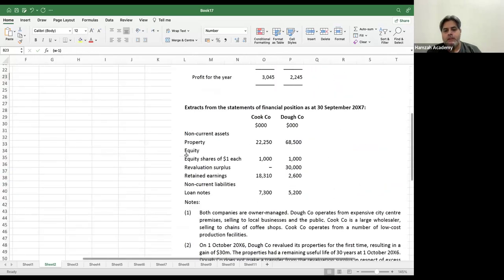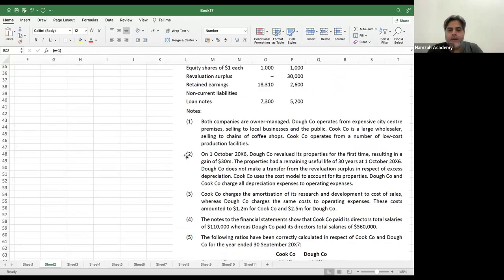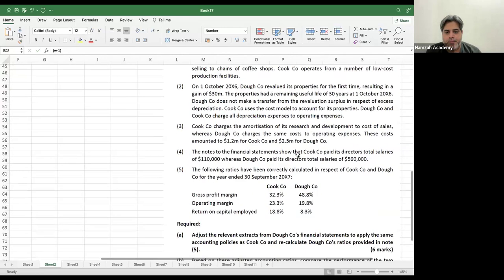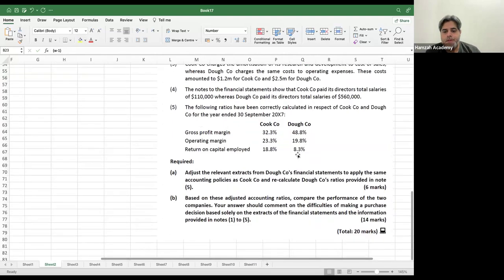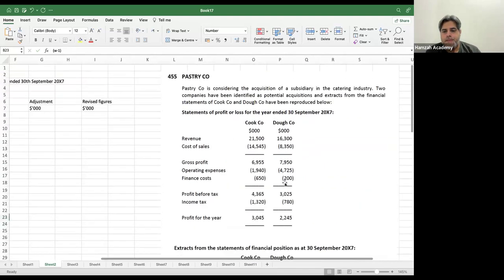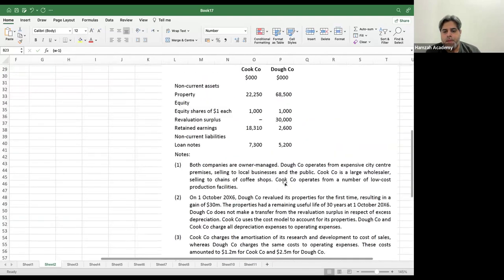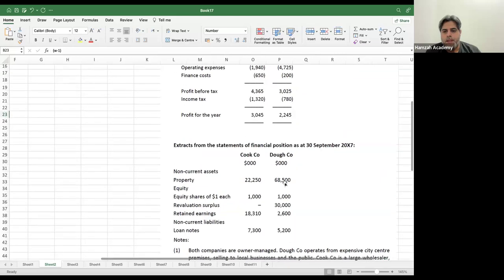Now, the first point is related to the revaluation of the properties. On 1st October 20x6, the Dow company revalued its properties for the first time, resulting in a gain of 30 million. The property had a remaining life of 30 years on 1st October. Year end is 30th September 20x7.